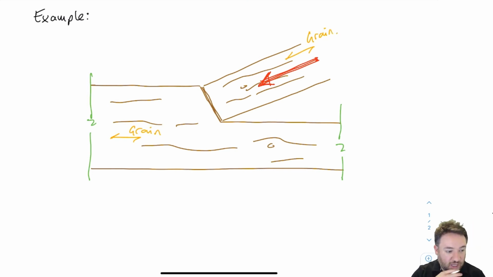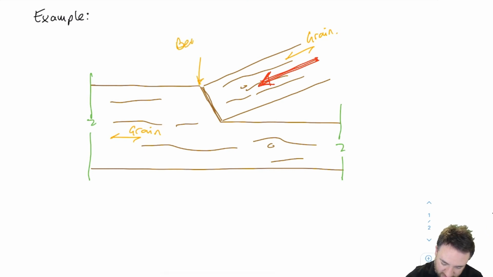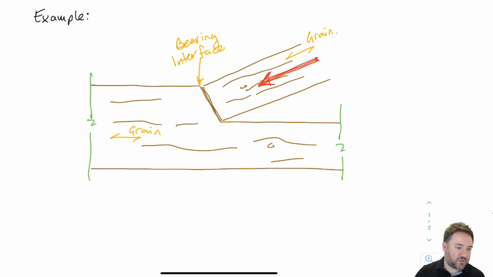To calculate the bearing resistance at this bearing interface for the top piece of wood, we just use the compression parallel strength that we're used to. That bit's easy. But how do I calculate the strength of the bottom piece of wood? Because that load, which I am going to call NF, is at an angle to its grain direction.